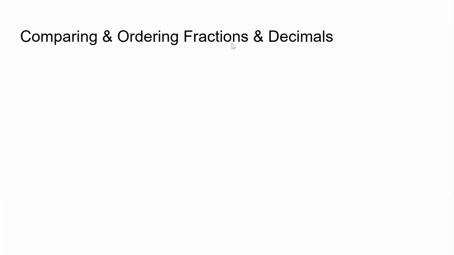Let's do 0.6 compare to 5/8. So you want to turn them into the same unit. They either need to be the same, they both need to be fractions or they both need to be decimals. It depends on if you're using a calculator or not. I'll do it both ways.